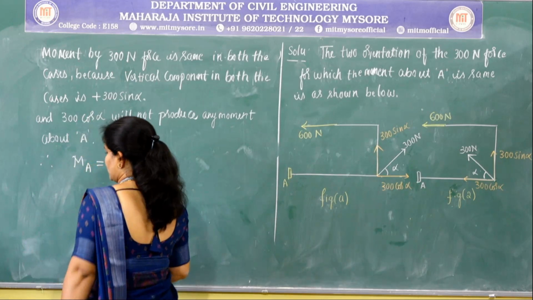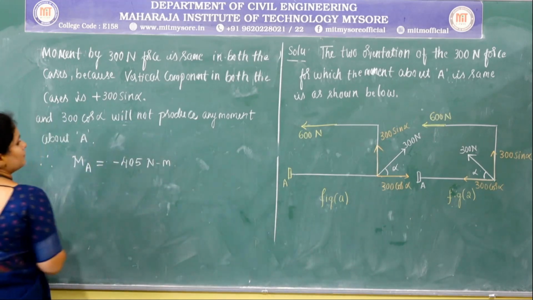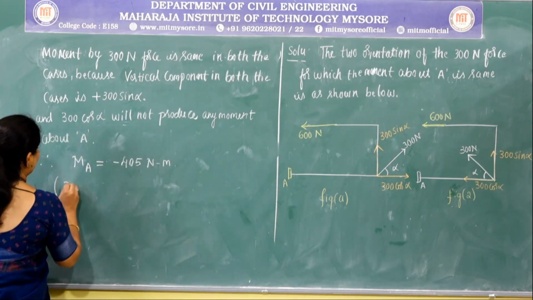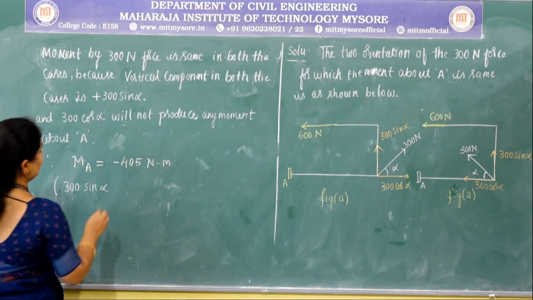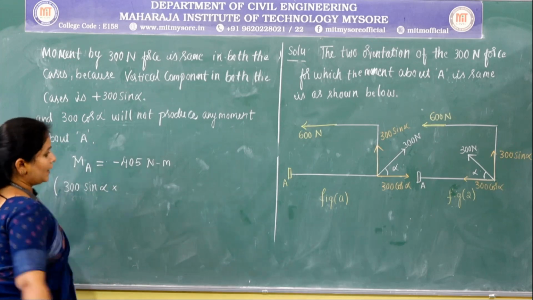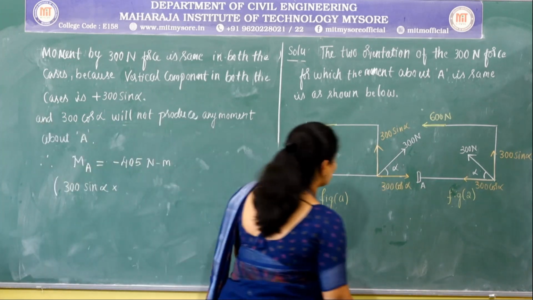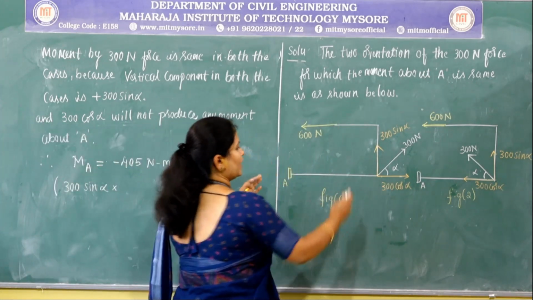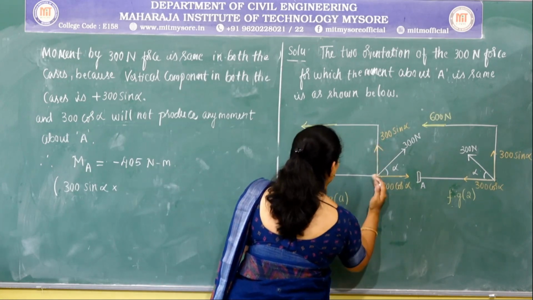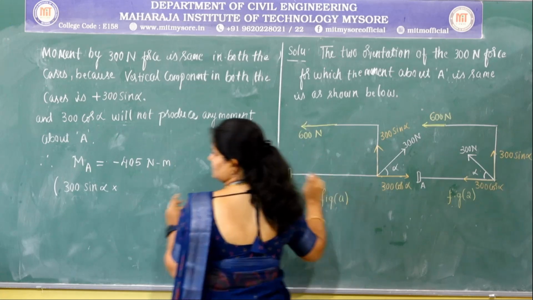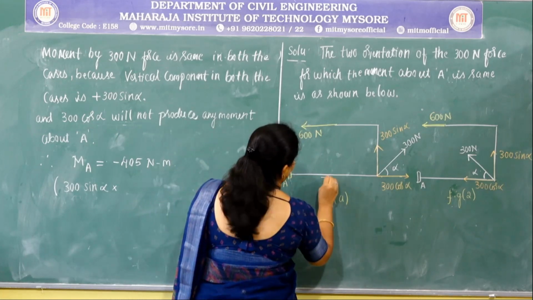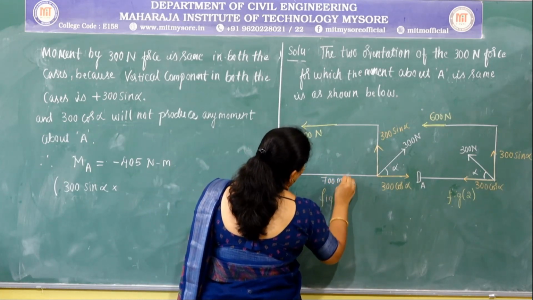First we shall consider this vertical component which has a magnitude 300 sin alpha, and what is the perpendicular distance between the line of action of the force and the point. This is the perpendicular distance. The distance given here is 700 mm.